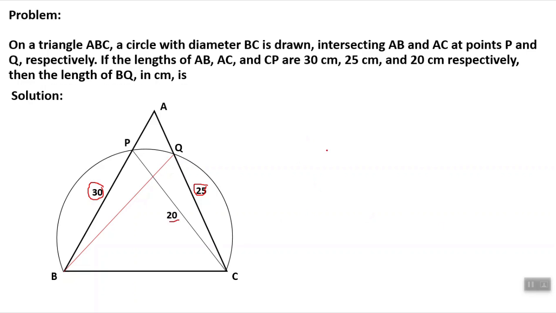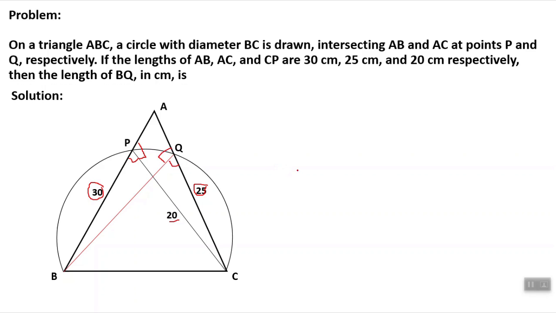Now what I do personally whenever I see a semicircle, because BC is the diameter and point P is on the circumference of the semicircle, without thinking, I mark this as right angle. BPC is 90 degrees, and therefore so is APC. Point Q also is on the semicircle, and therefore BQC is 90 degrees, and so is AQB.